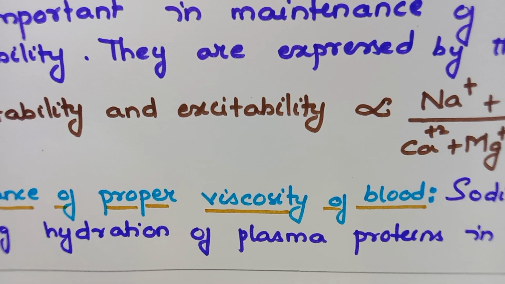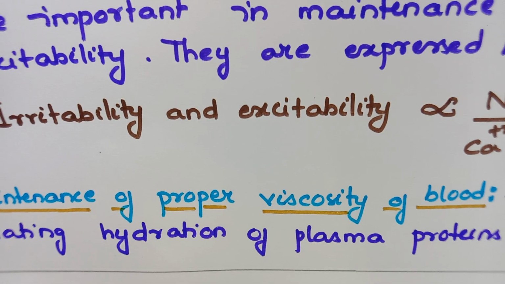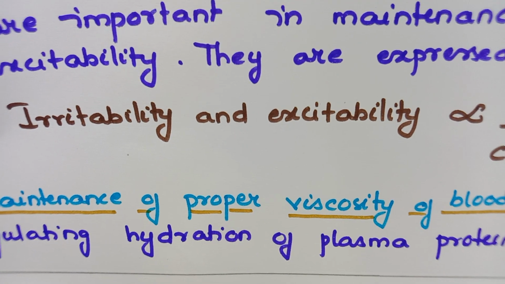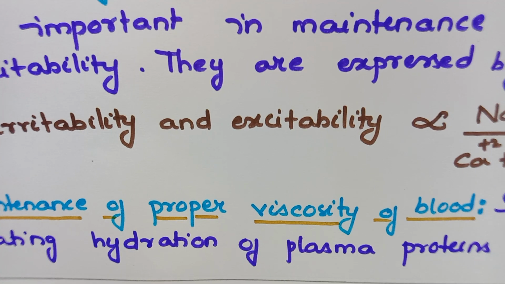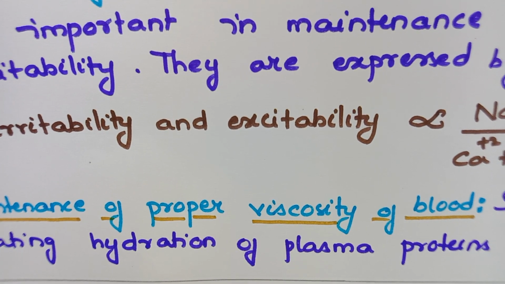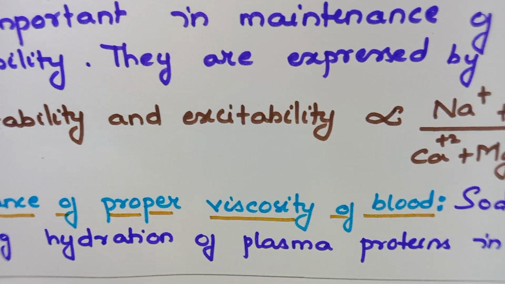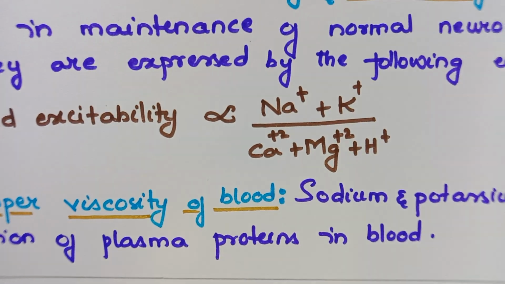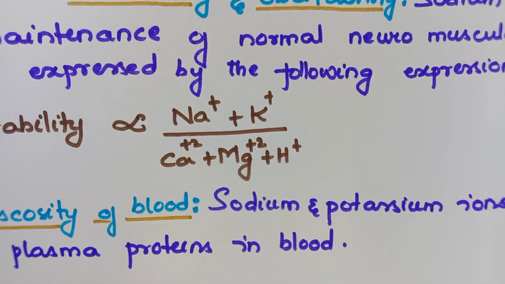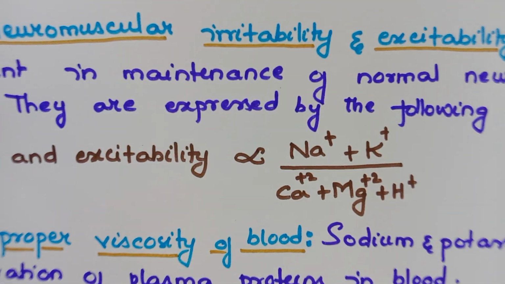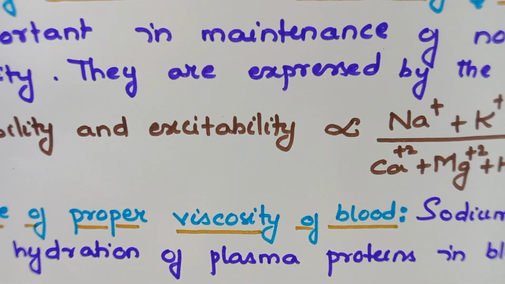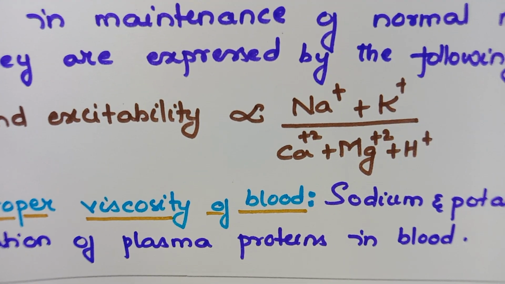If this is not maintained, we will undergo many health issues. So for the proper hydration of plasma proteins in blood, we need sodium and potassium ions. Written, students: sodium and potassium ions help in regulating hydration of plasma proteins in blood.